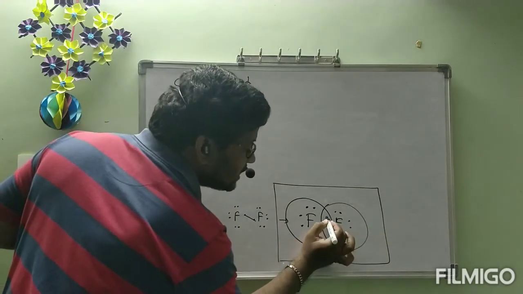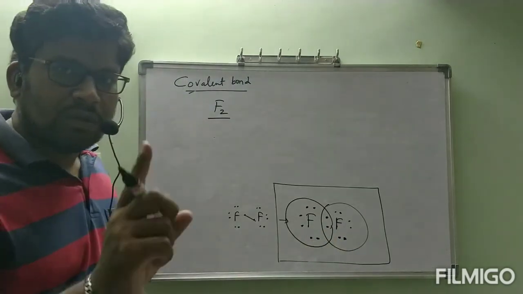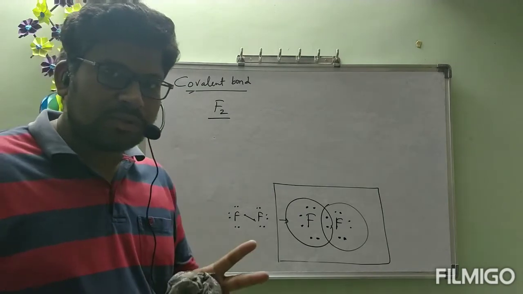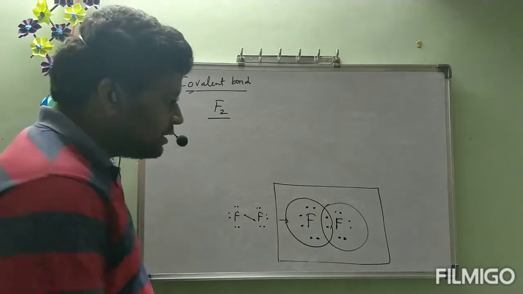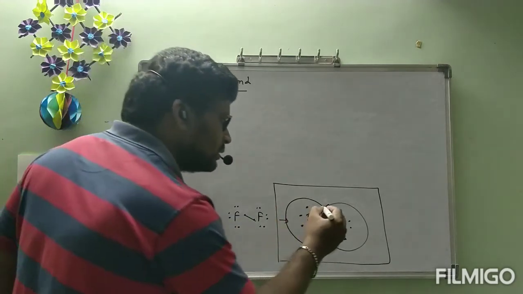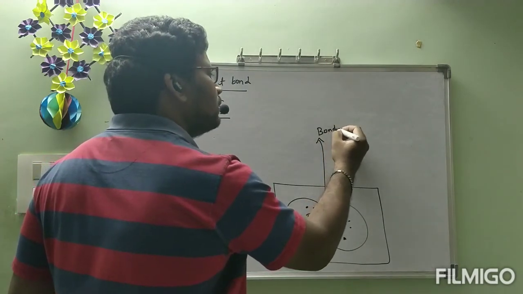The electrons which are present in the bond, the pair of electrons, pair means two. One pair contains two. Shoe pair, two shoes will be. Correct or not? Like that. This pair of electrons which are in covalent bond are called bond pair.